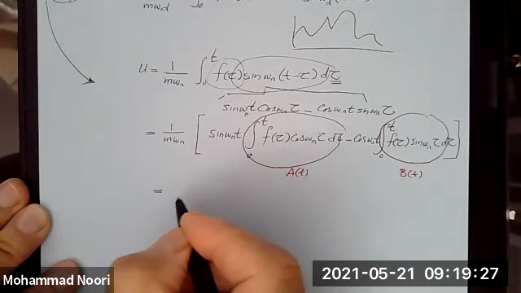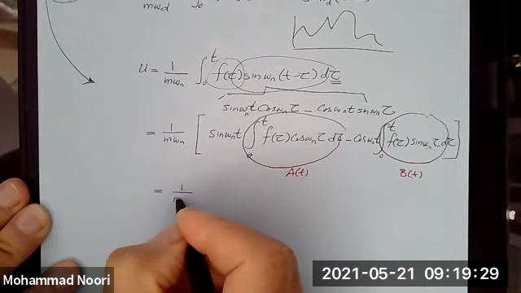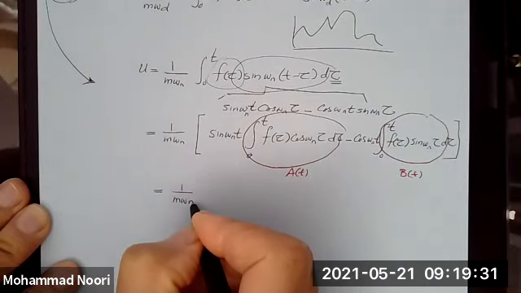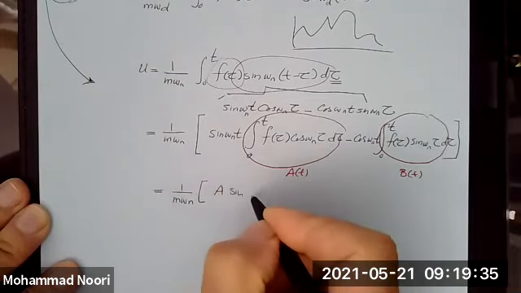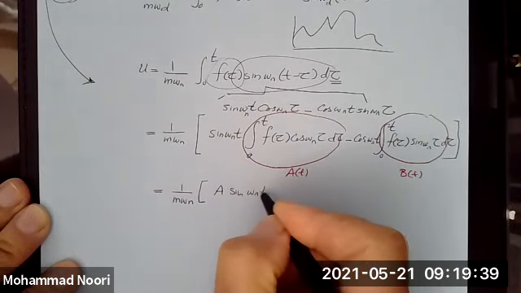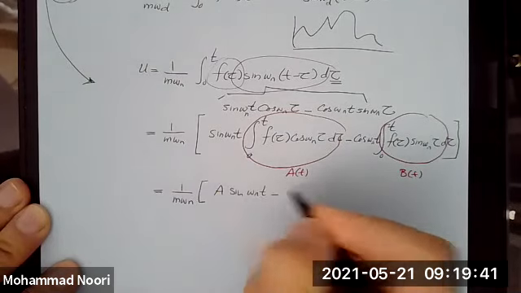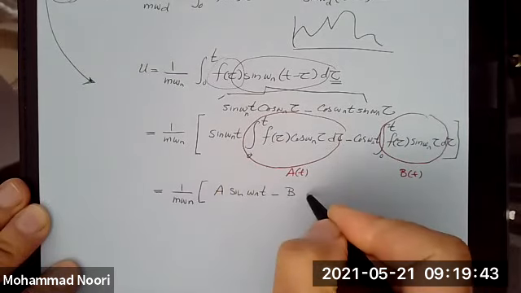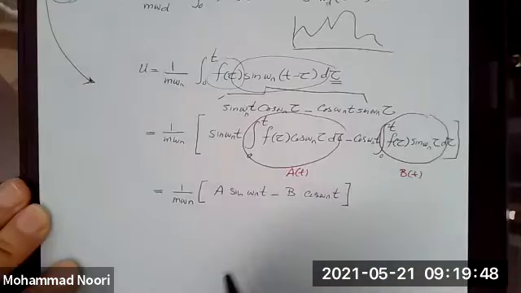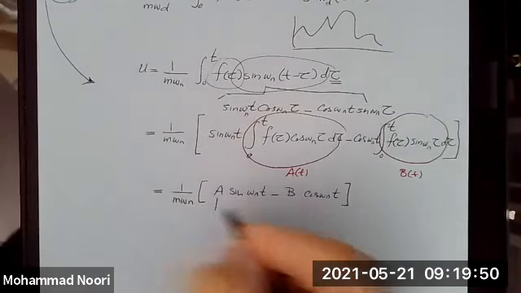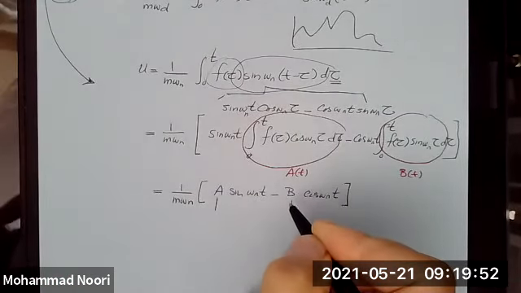The solution would be 1 over m omega n times A sine omega n t plus or minus B cosine omega n t, and of course both A and B are functions of time.